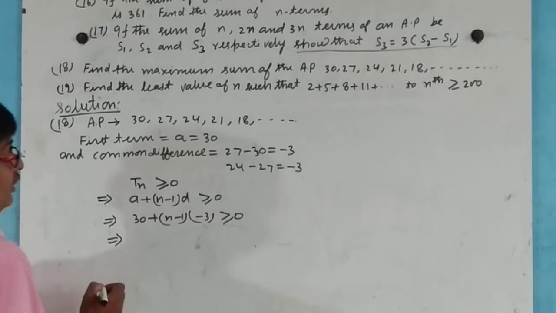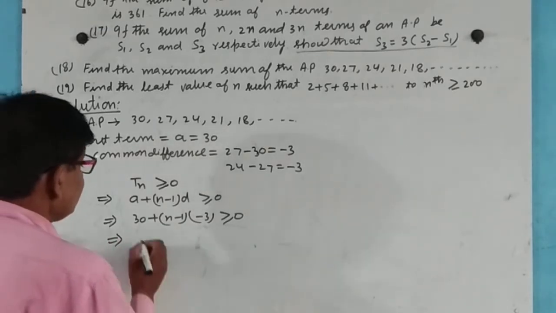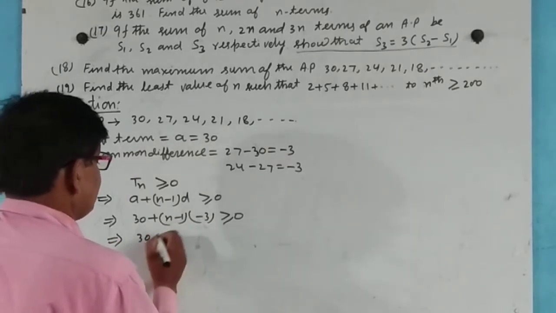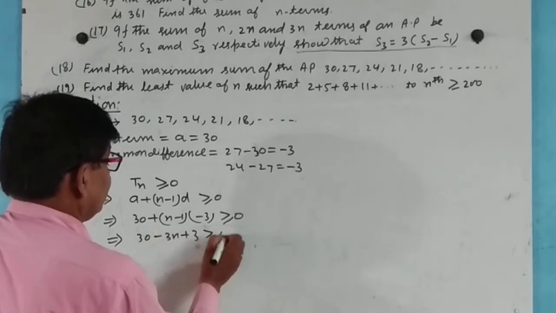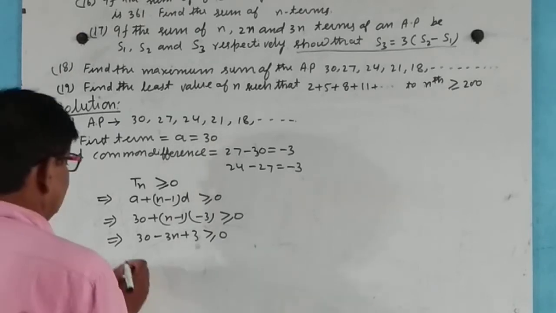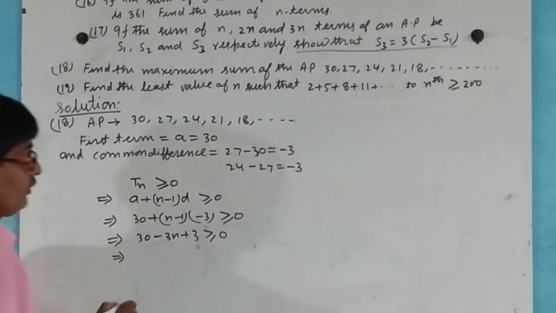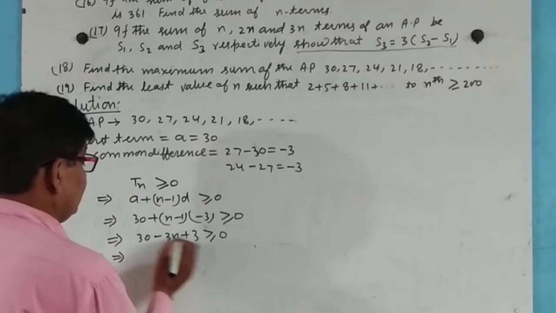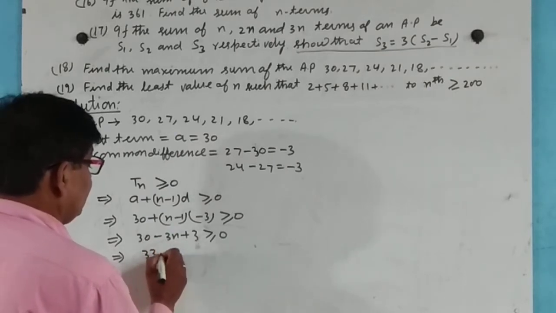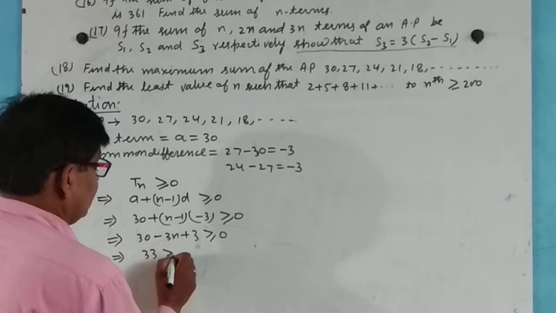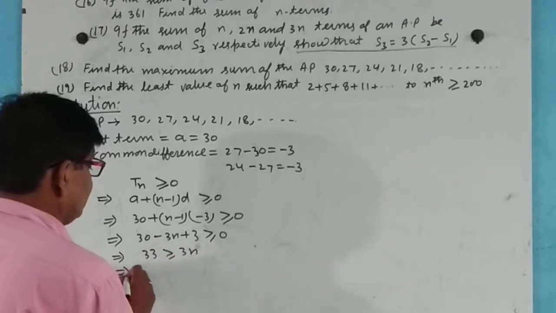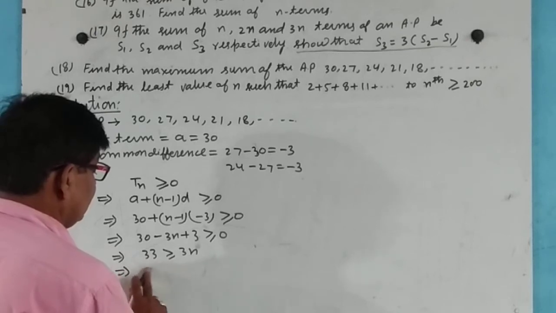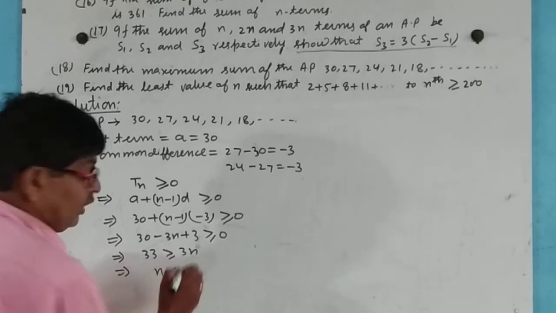It means that 30 minus 3n plus 3 is greater than or equal to 0. It means that 33 is greater than or equal to 3n. It means that n is less than or equal to 11.